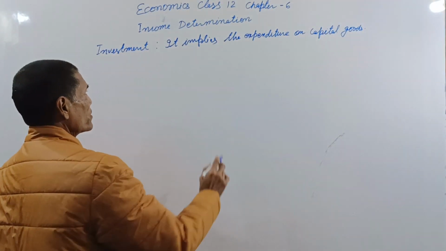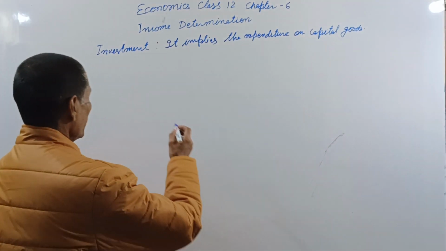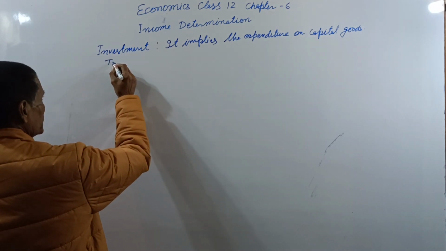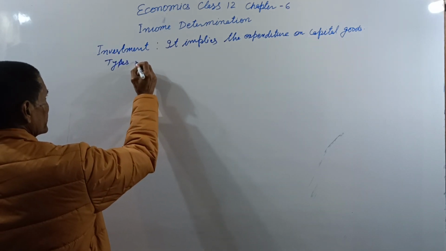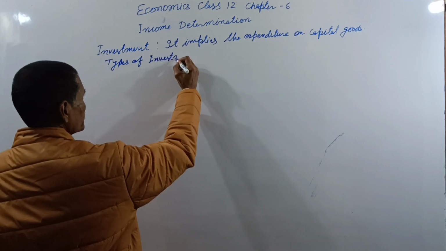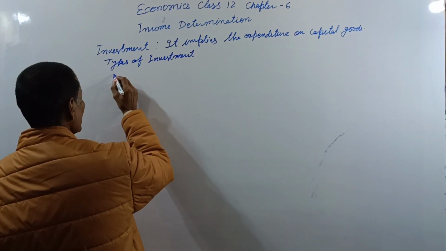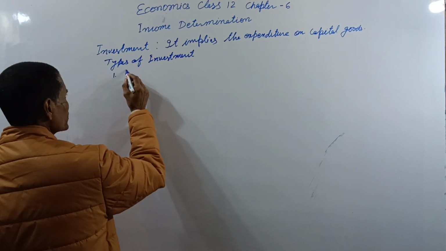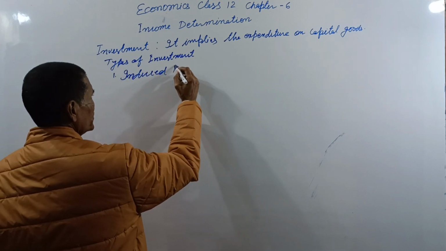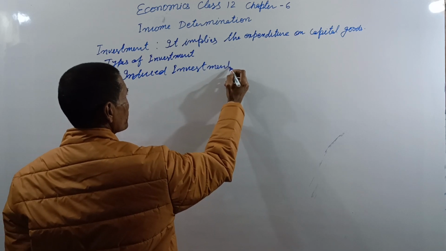Now, investment is of two types. Write down types of investment. It is of two types. You can write down types of investment. First is induced investment. What is this? Induced investment.